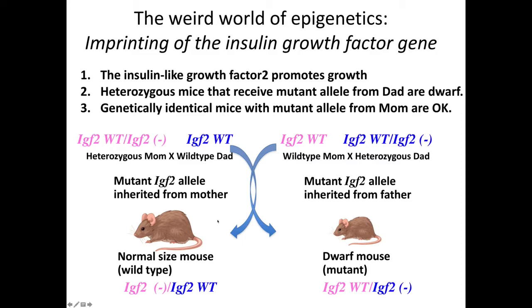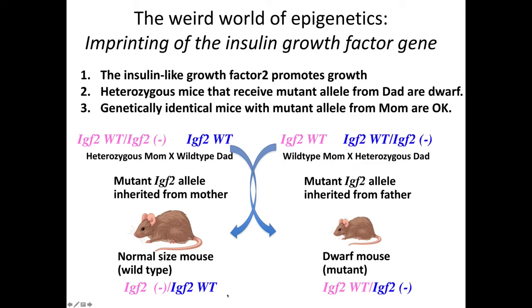But you can do the opposite cross in which the mutant allele comes from dad, IGF2 wild type over IGF2 deletion, crossed with an IGF2 homozygote wild type. You can generate the same genotype, IGF2 wild type over IGF2 minus. Same genotype, but these ones will be tiny and the others will be normal size.